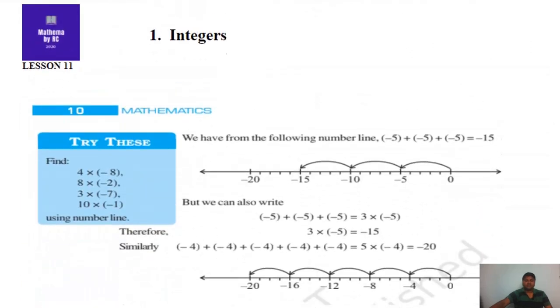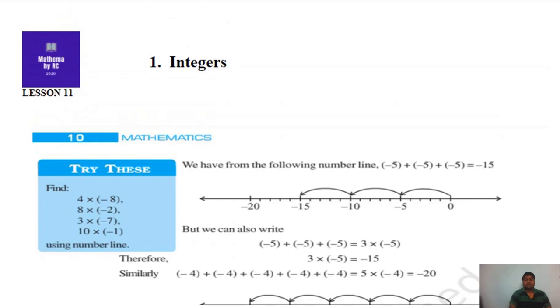In this class we see this is your NCERT book. We took a screenshot from this NCERT book. We have the following numbers, minus 5. What can it be?